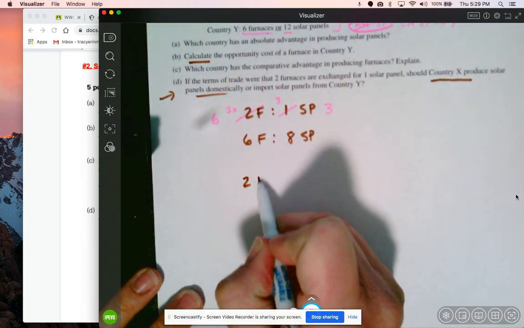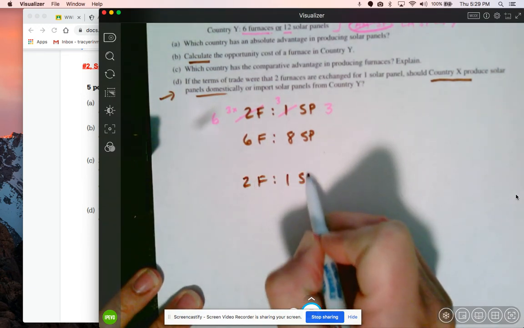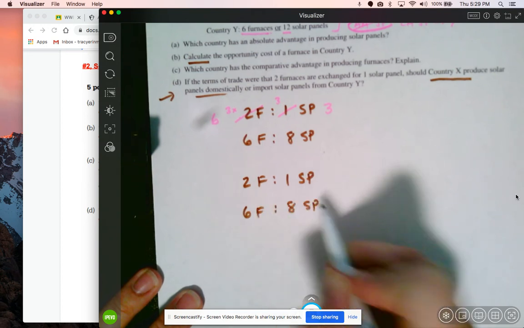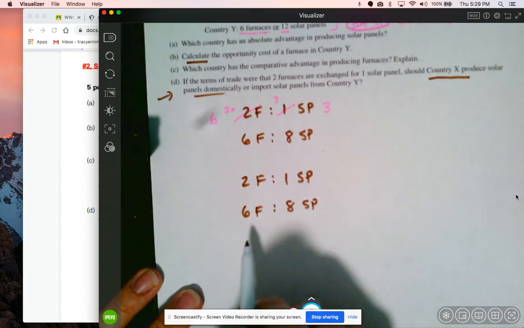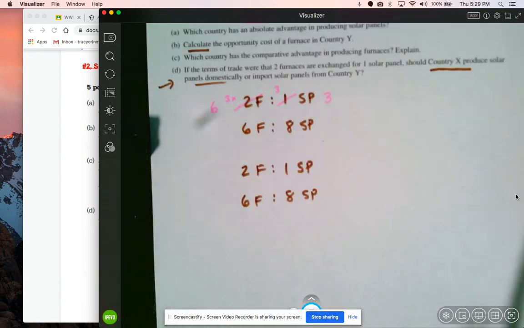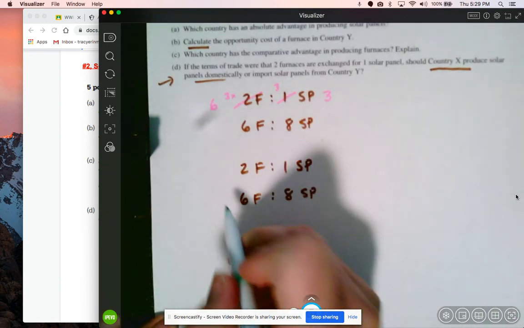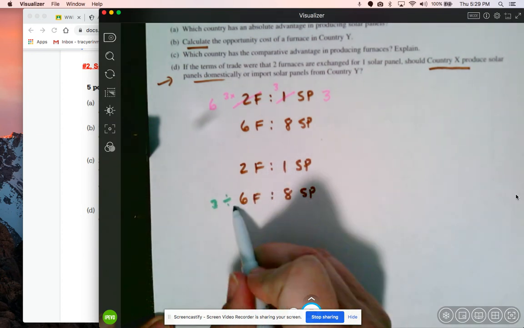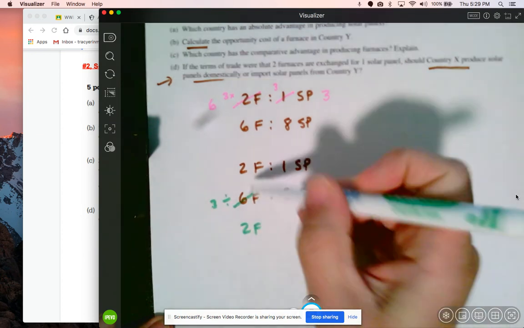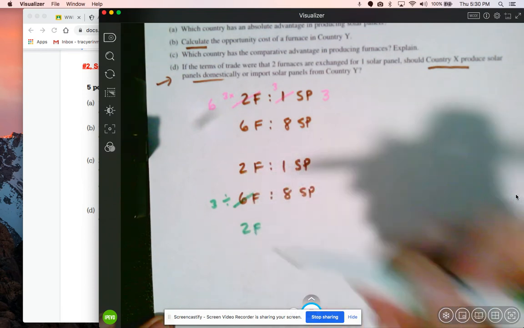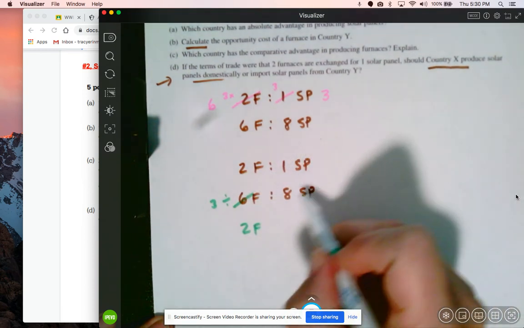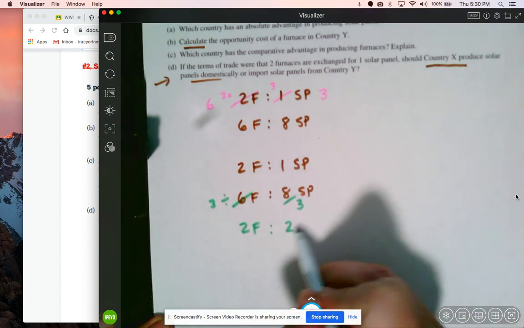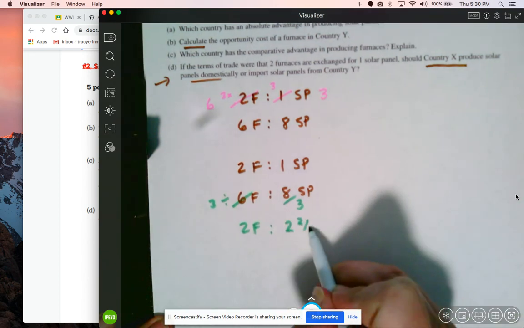Let's say we go back to the original and you say, well, I need to figure out what we're making domestically in terms of 2. So one way you could do this is you could divide this by 3, right? To make this 2 furnaces. And now I'm on a level playing field, 2 and 2. But then I have to divide the 8 by the 3, and that's a little messy because it's 2 and 2/3.